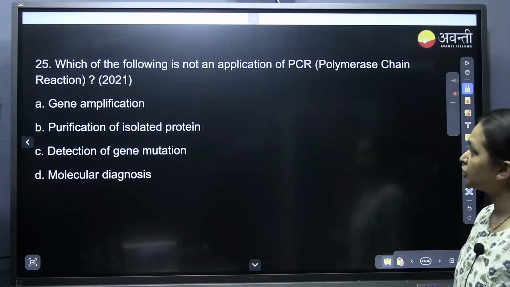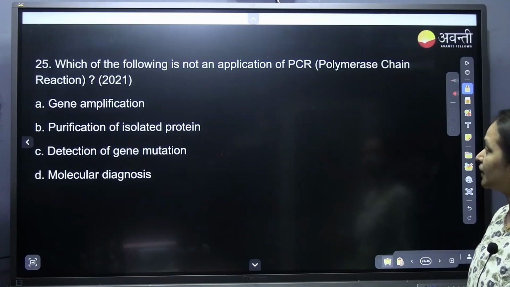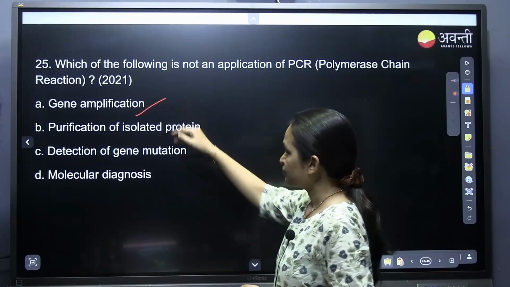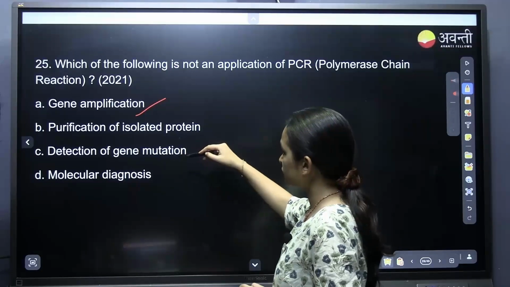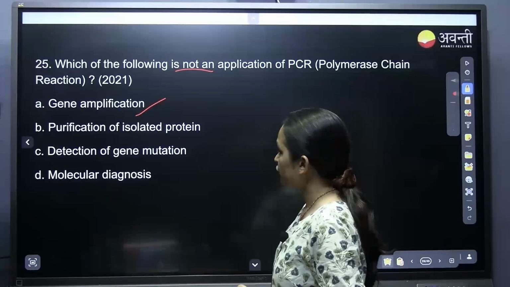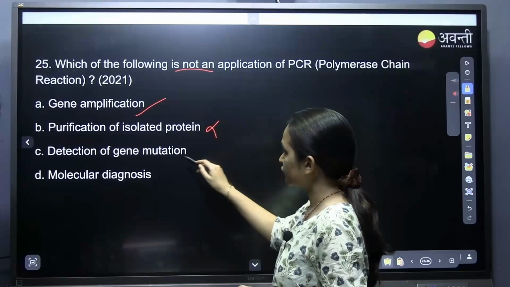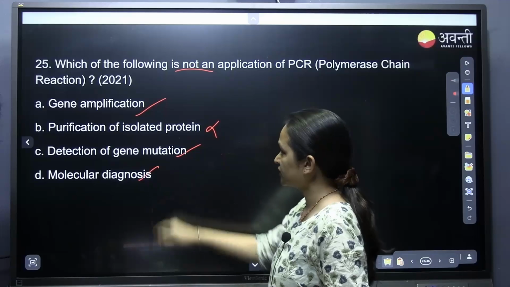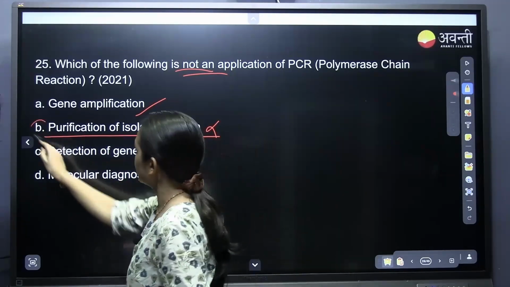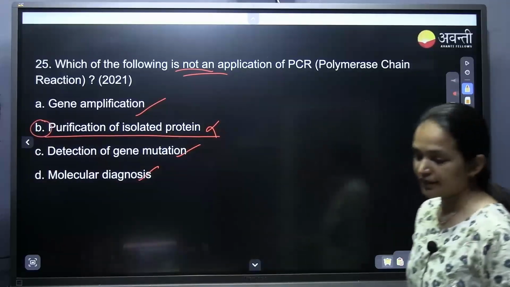Which of the following is not an application of PCR? Gene amplification, purification and isolation, purification of isolated protein, detection of gene mutation, molecular diagnosis. We need to find which is not an application of PCR, that is purification of isolated protein.